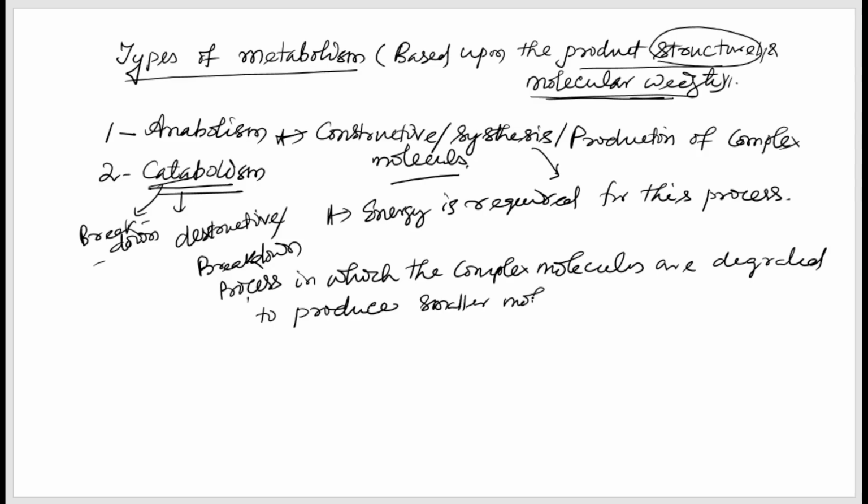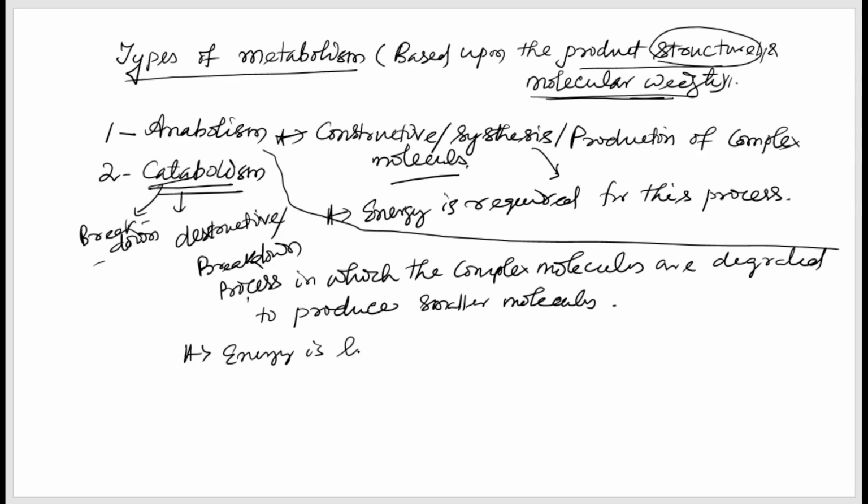Usually this catabolic process is an energy yielding process, that means energy is liberated in this process. So these are the two basic types of metabolism processes.